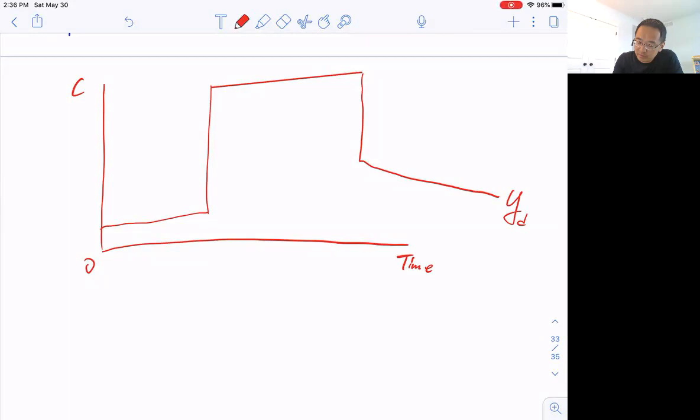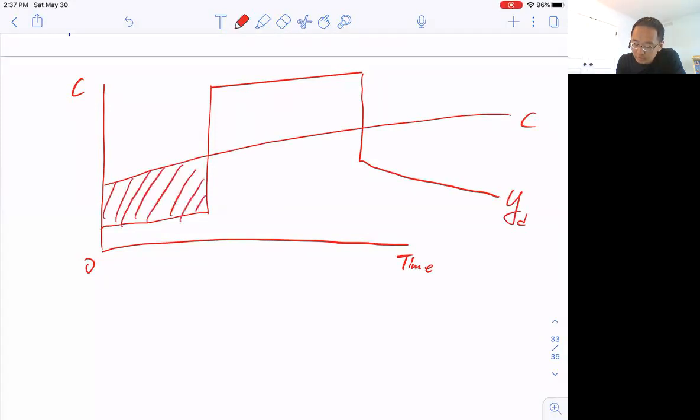Your consumption should look like this, fairly smooth. At first your income is lower than your consumption, so all this is borrowing, right? A lot of you are in that situation right now.